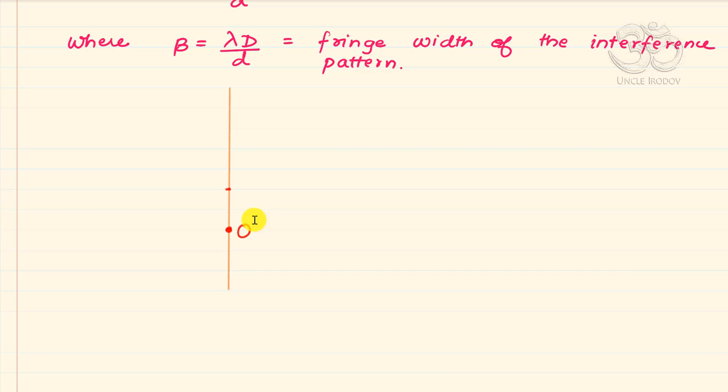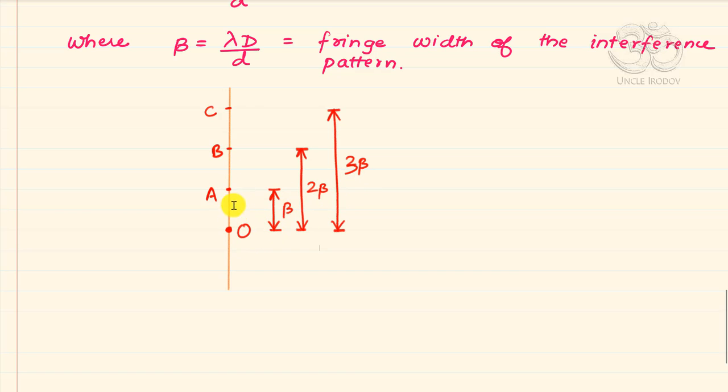So at some points, such as maybe A, maybe B, maybe C or something, which are at distances of beta, and then you have 2 beta, and then you are going to have 3 beta and so on. So the distances beta, 2 beta, 3 beta, etc. from the center point of the screen will be such that there will be constructive interference there. So at A there will be constructive interference, at B there will be constructive interference, at C there will be constructive interference, and so on.